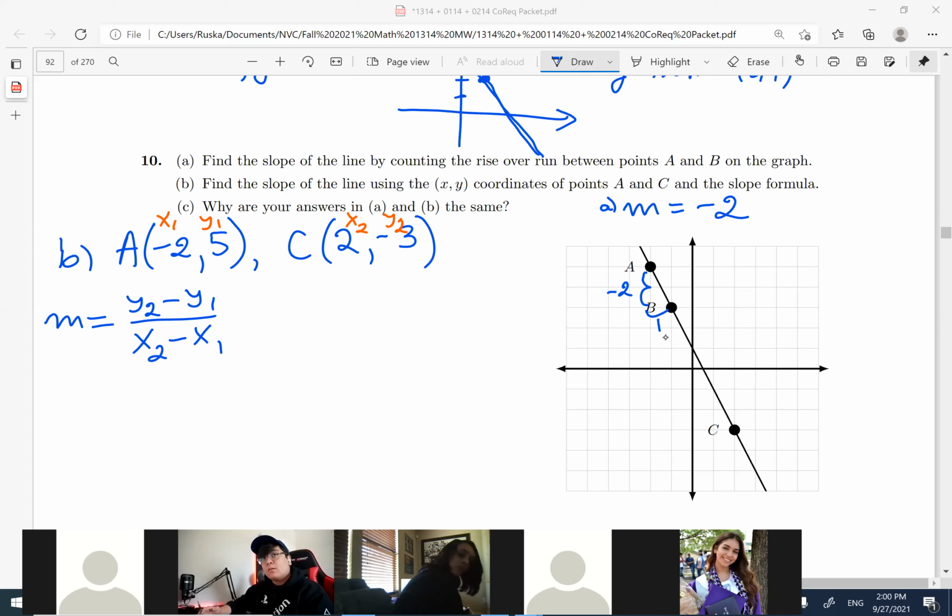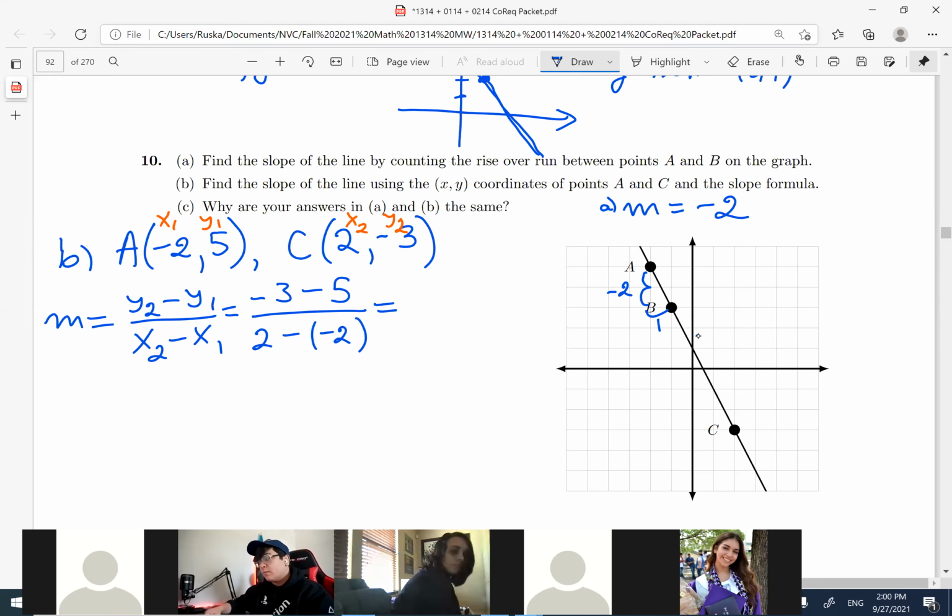So I have -3 minus 5 over 2 minus -2. That's right. And what is that? Negative and negative make positive in the bottom. So you have -8 over 4, and you get the same, -2. So the slope is the same.